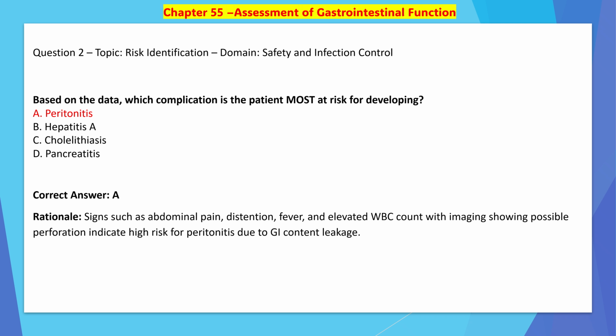Peritonitis, because signs such as abdominal pain, distension, fever, and elevated white blood cell count with imaging showing possible perforation indicate high risk for peritonitis due to GI content leakage.